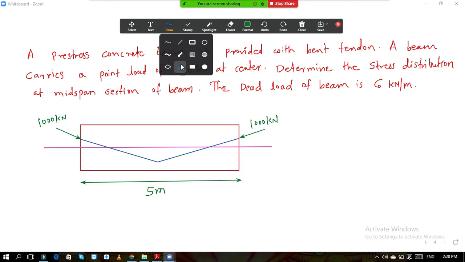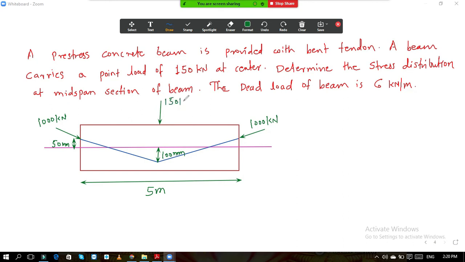This eccentricity is also directly given to you, and this one also. So this is 100 mm and this is 50 mm. Point load 150 kilonewton is acting at the center.